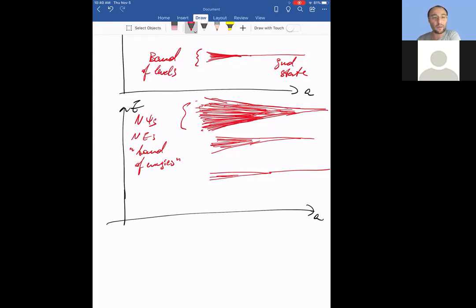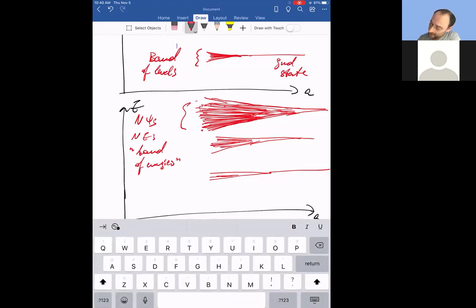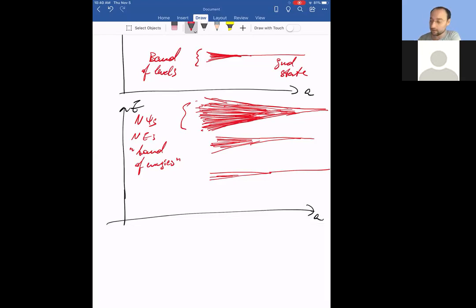If the top band is completely empty, you get an insulator. And if the top band is half filled, you get a conductor. And moreover, the gap between this band and the top band controls the electronic properties of the material.